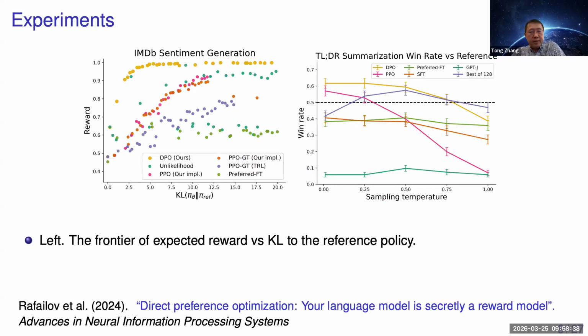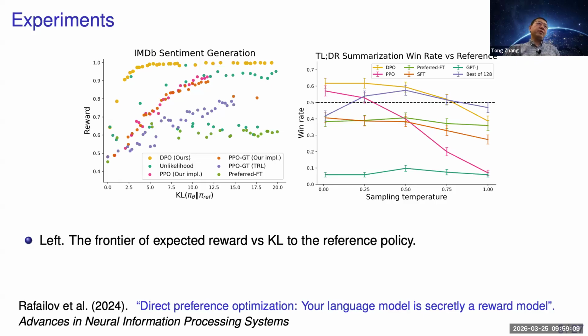Here are the experiments about the DPO. The one on the left comes from this paper, which has a subtitle: your language model is a secret reward model. Basically, this talks about the implicit reward we discussed previously, which is based on the optimal solution of your KL regularization formula.